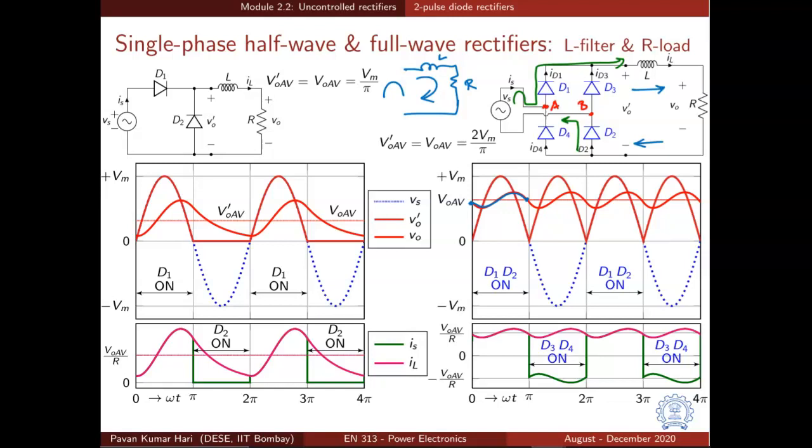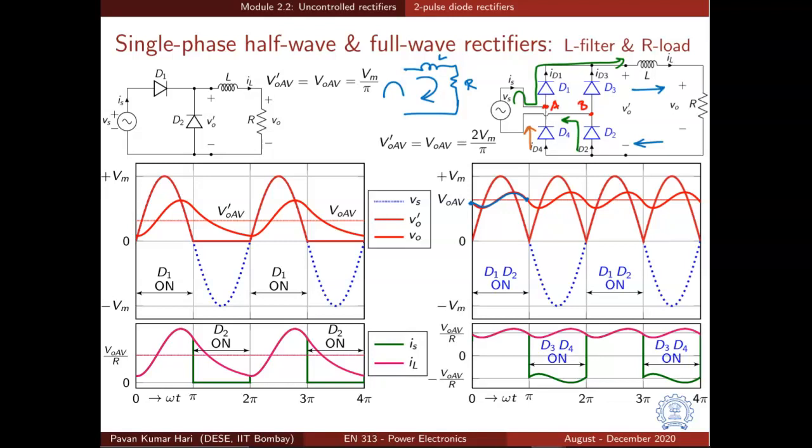Similarly, D4 should take over current from D2 as soon as VAB becomes negative. Why? Because now A is the most negative terminal, A is more negative than B in the negative half cycle. So in the common anode connection of D2 and D4, D4 is the one which conducts because the current entering the common anode point is again positive.